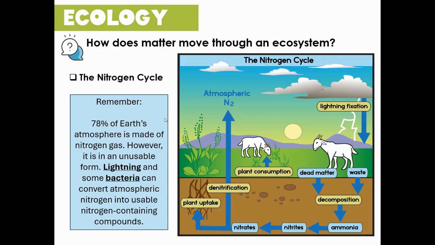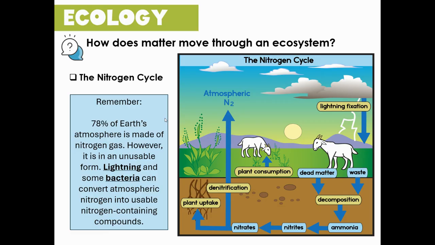And so we really rely on lightning and some bacteria that's found in the soil, and bacteria that's found in the roots of some plants like legumes. We really rely on those bacteria to convert that atmospheric nitrogen that we can't use into a usable form.